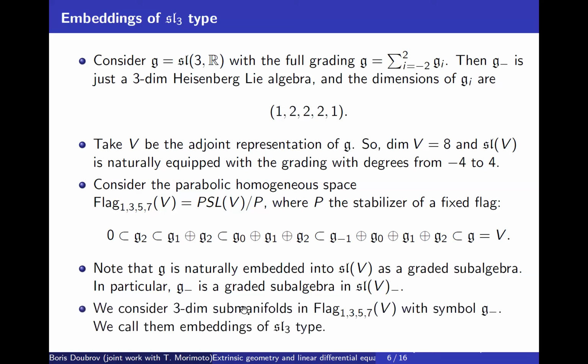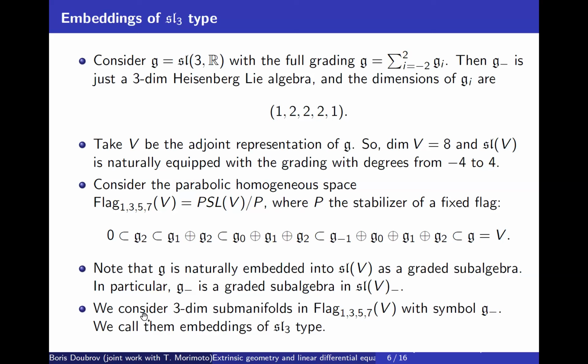Essentially, we'll be interested in 3-dimensional submanifolds in this huge flag variety, which have exactly the symbol G minus in the above definition. It's not easy to understand what this means, but we'll have a different geometric interpretation of this.